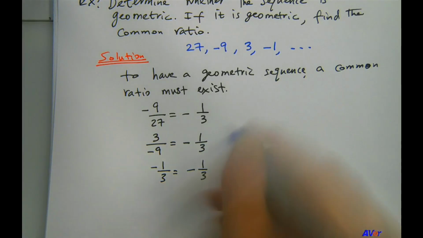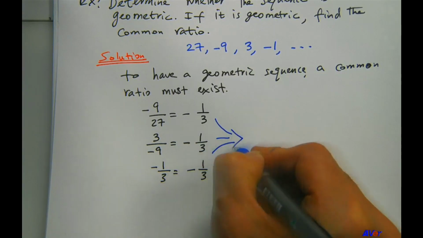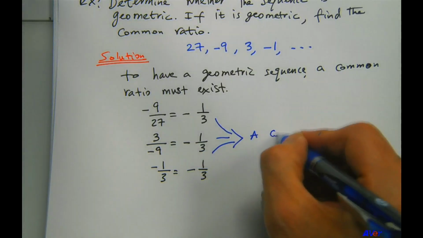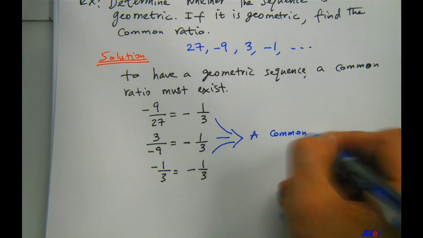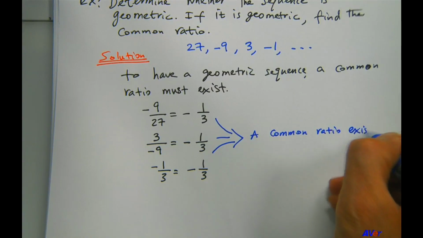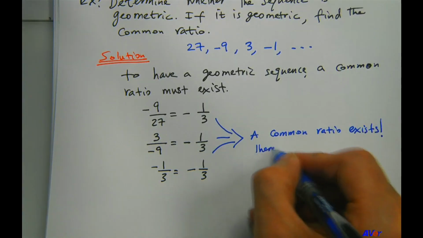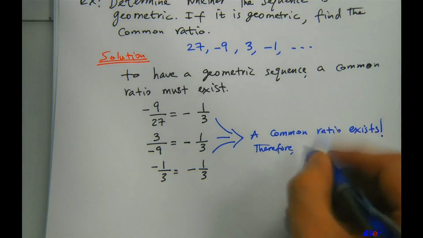So because a common ratio exists, therefore this is a geometric sequence.